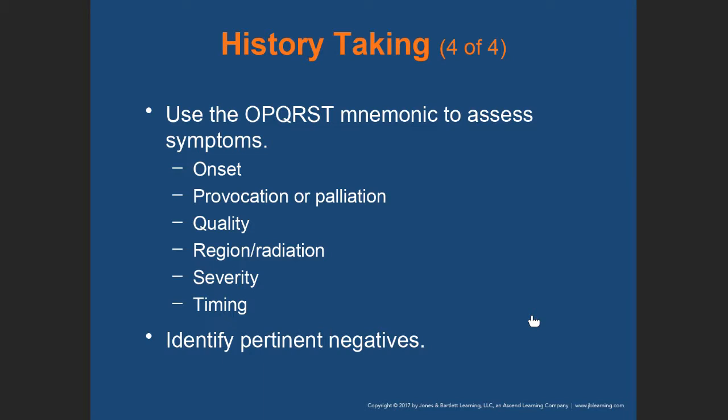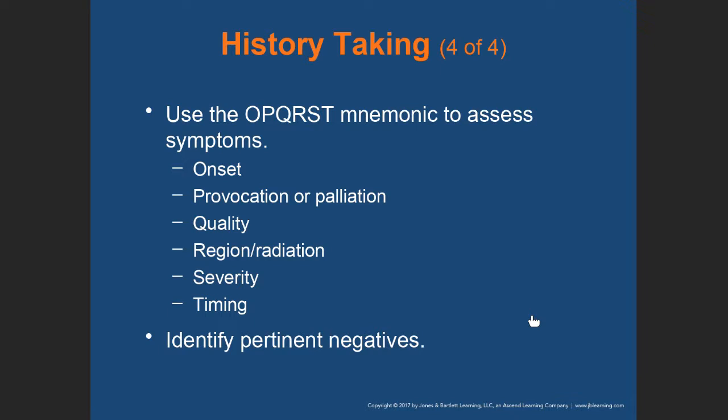And the T represents timing, and it's more the interval or consistency of the pain that we're looking at, and not specifically when the pain started. So timing is: is the discomfort or pain constant, or does it start and stop?